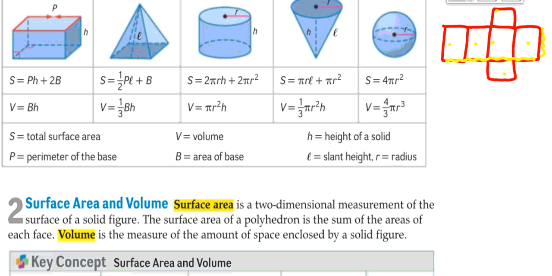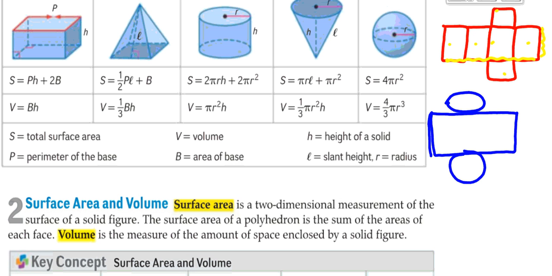For a cylinder, think about a can, a soup can maybe, and that label of the soup can, if I took it off, we know that a soup can label is just a rectangle, correct? It's the shape of a rectangle. But this distance around here is really that distance around that circle. And so that is the circumference.